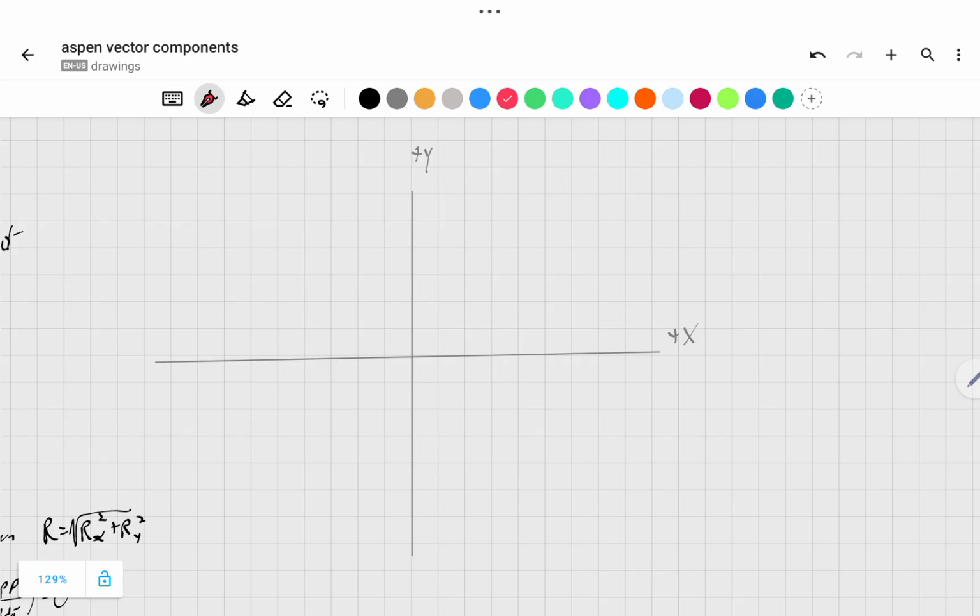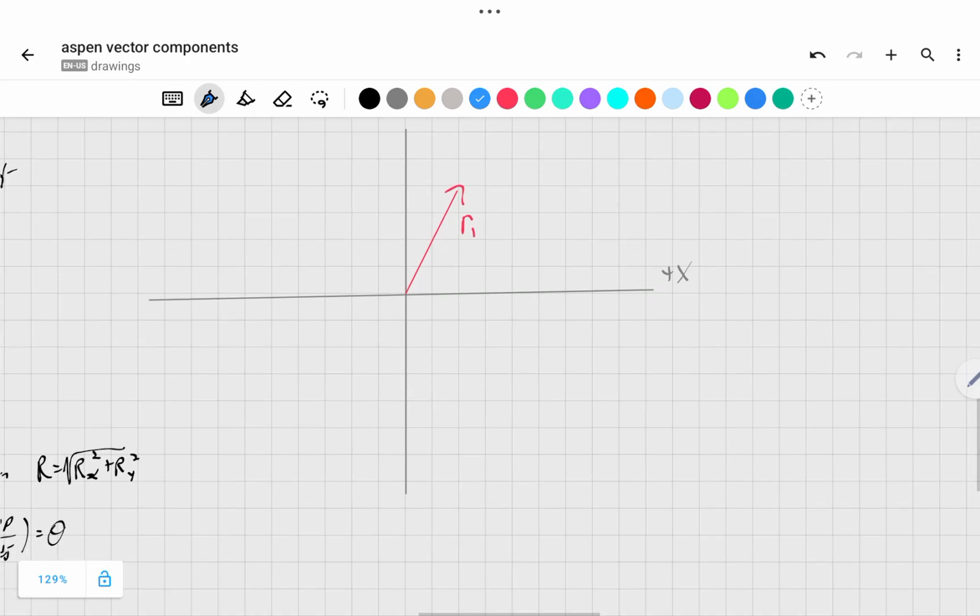So I'm going to start like this. So this will be R1, and then I'm going to have an R2, and I'm just going to kind of make up some numbers here. Okay, so that's R2, and so my resultant vector is going to look something like that, right? That's what I'm looking for. That's my big R there.